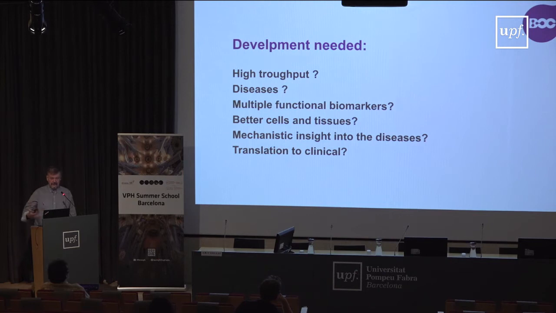So how to get really high throughput, how we can get more diseases and multiple functional biomarkers, maybe not just electrophysiology. We would like to have really tissues, not just cells, and insight on the disease. And the translation is critical. These are all still kind of missing, more or less.